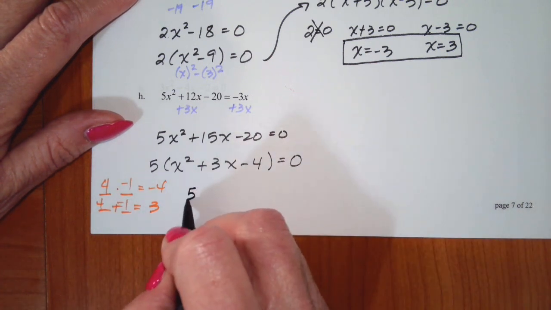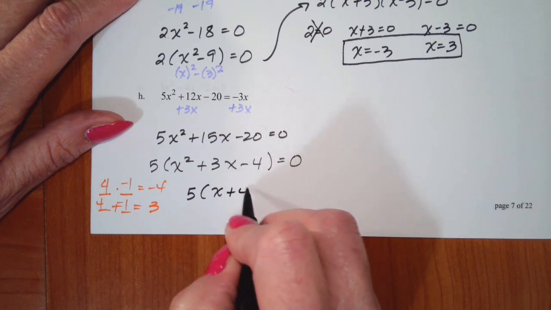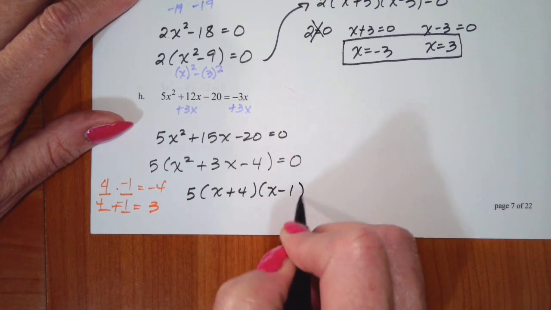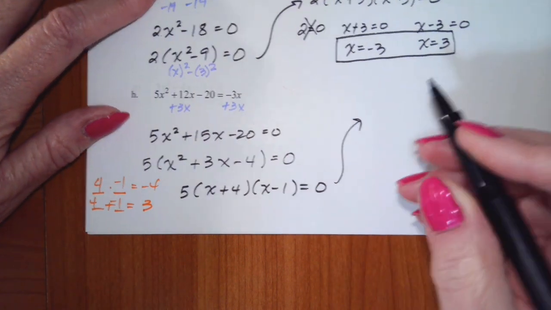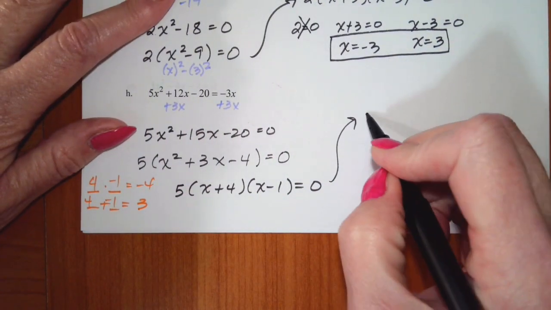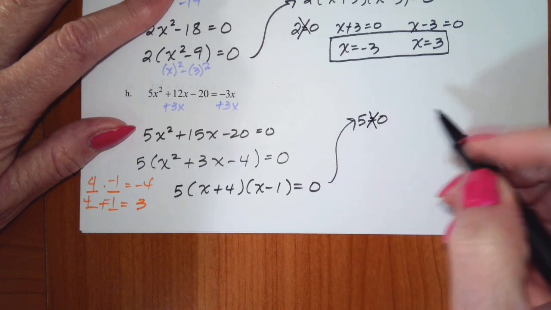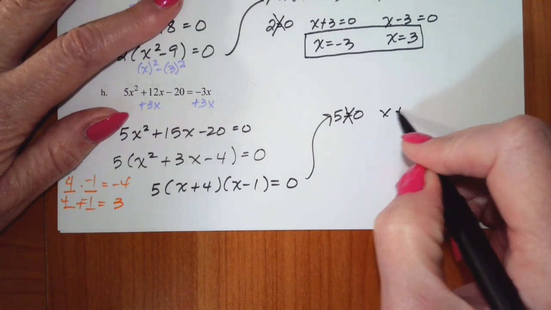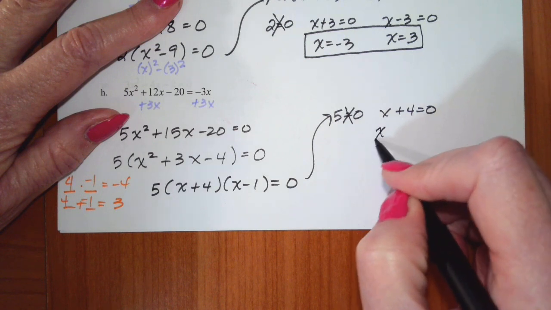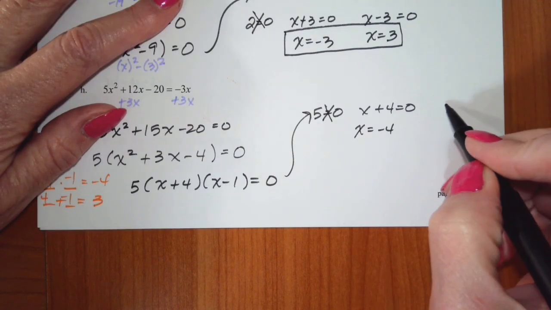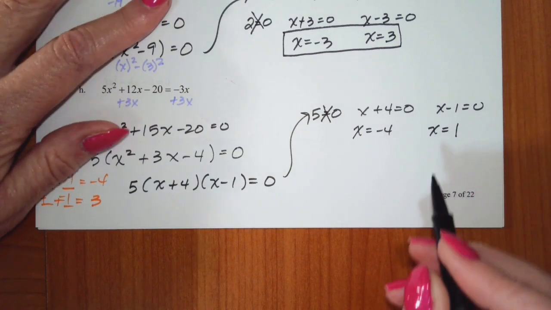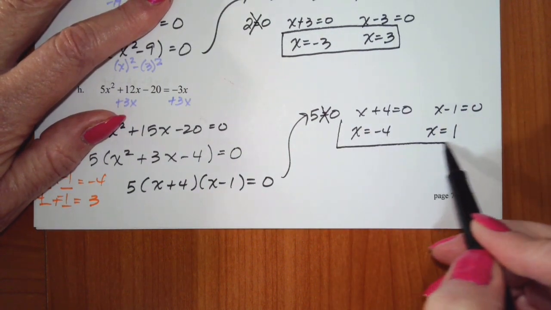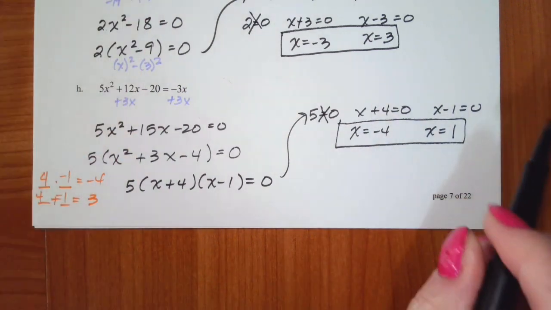So this becomes 5 times x plus 4 times x minus 1 equals 0. Alright, so each of these factors, 5 equals 0, of course that can't happen. x plus 4 equals 0, so x equals -4. x minus 1 equals 0, which means x is 1. And there are your solutions.